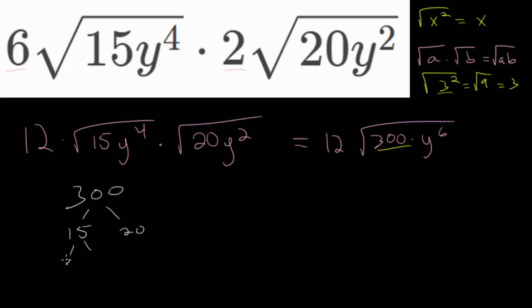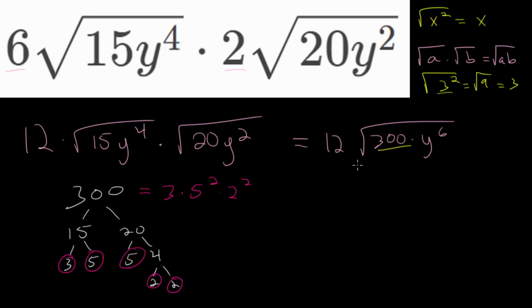And 15 is a product of 3 and 5. 20 is a product of 5 and 4. And 4 is a product of 2 and 2. So at this point, we have our prime factors, 3 times 5 times 5 times 2 times 2. We can actually just write 300 as 3 multiplied by 5 squared multiplied by 2 squared.